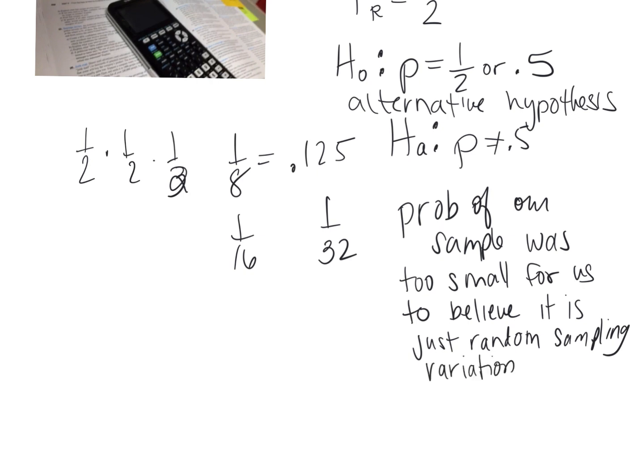No way, you said. In a real, fair deck of cards, do we get 1, 2, 3, 4, 5, 6, 7, 8 blacks in a row, right? That's 1 over 256.